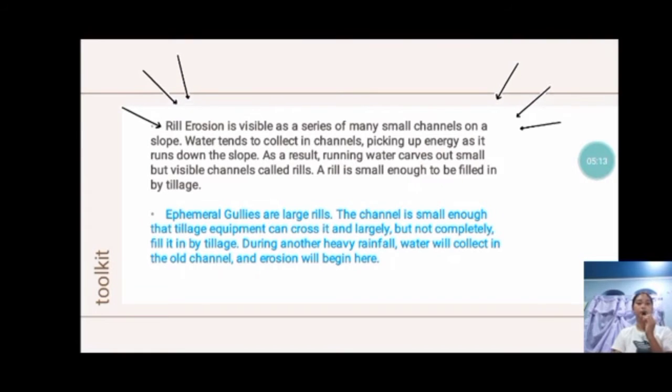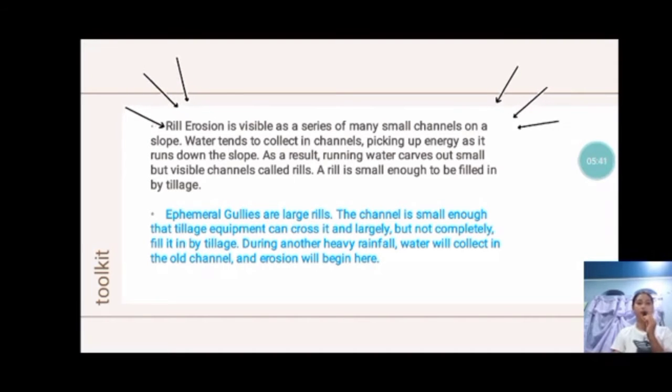Next, rill erosion is visible as a series of many small channels on a slope. Water tends to collect in channels, picking up energy as it runs down the slope. As a result, running water carves out small but visible channels called rills. A rill is small enough to be filled in by tillage.